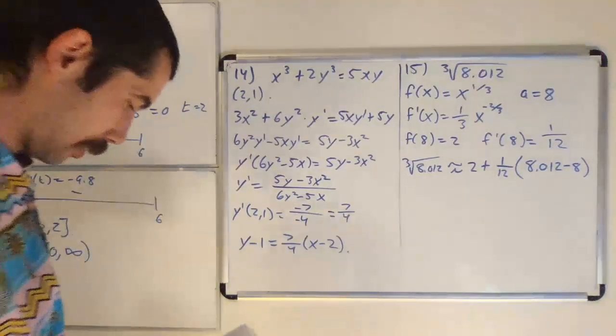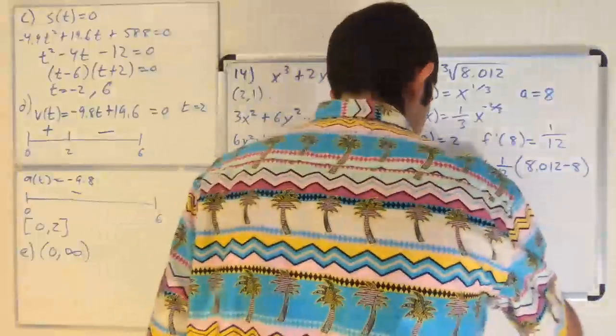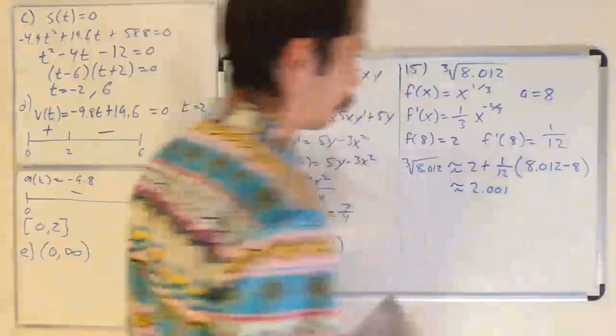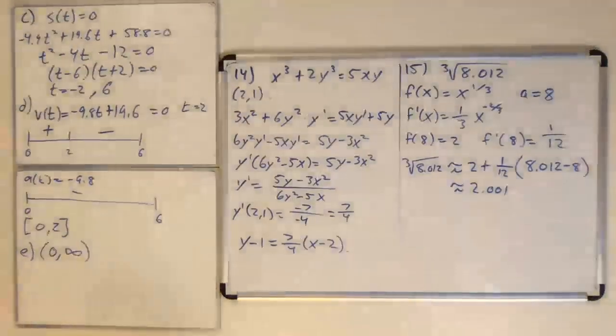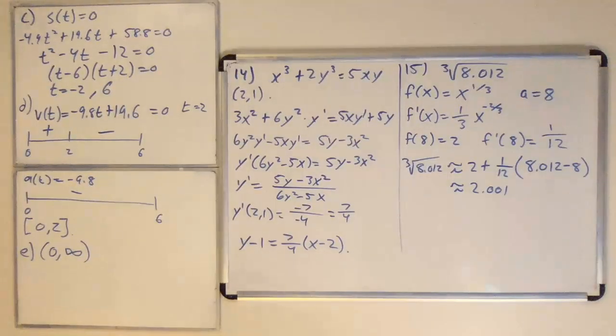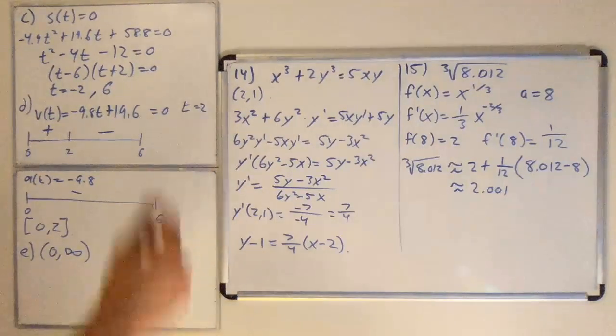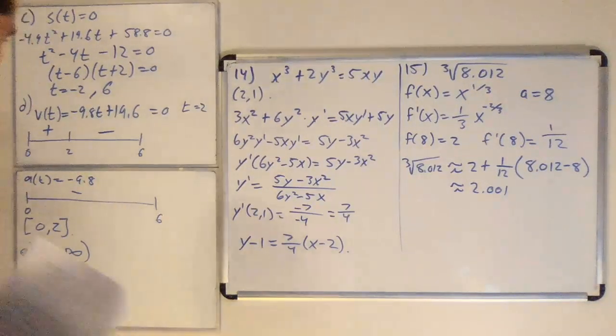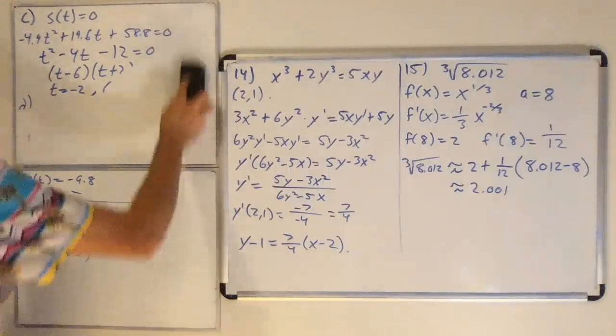Okay, and you could simplify that to 2.001. All right, so that was a linear approximation question. Now we could do an optimization question.